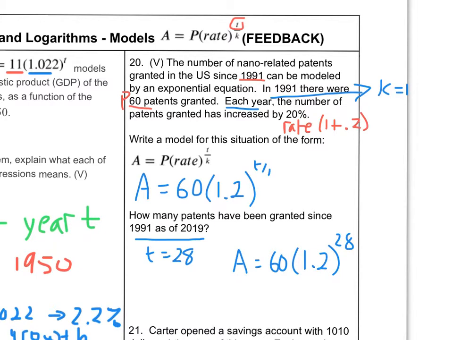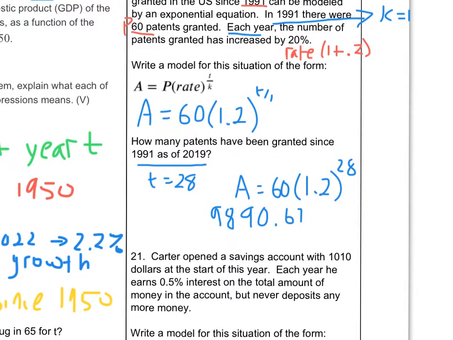And when we do that, we get a value of 9890.67. So that means that we've got about 9890 patents.